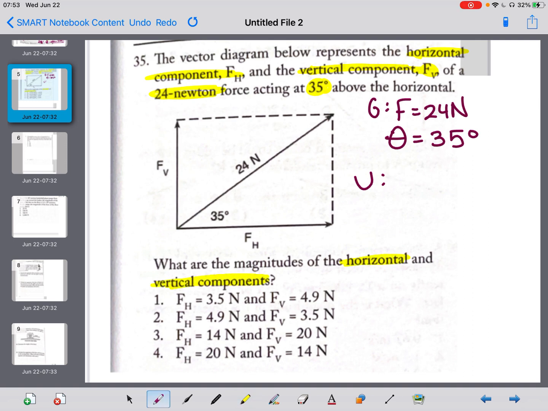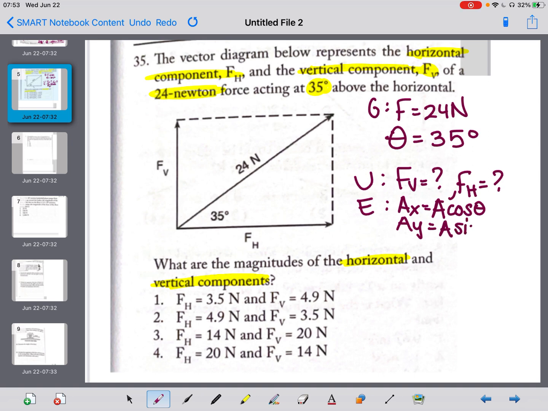We don't know F of V, and we don't know F of H. You need to go to your reference table on page 6 under mechanics, and you will see only two formulas that have theta in them for angle. You're going to see AX equals A cosine theta, and then you'll find AY equals A sine theta.